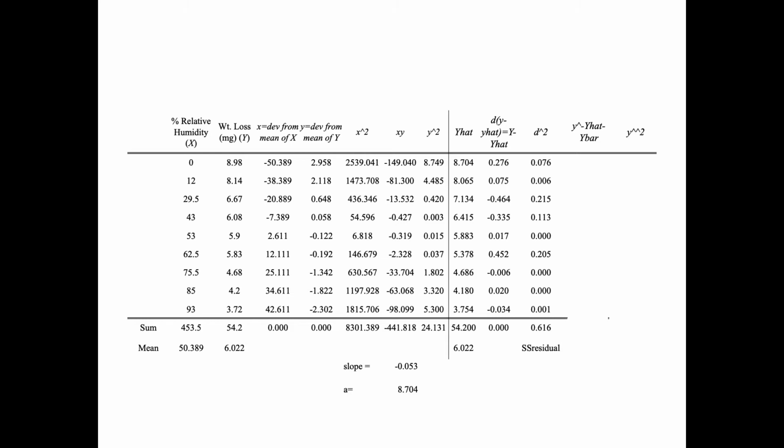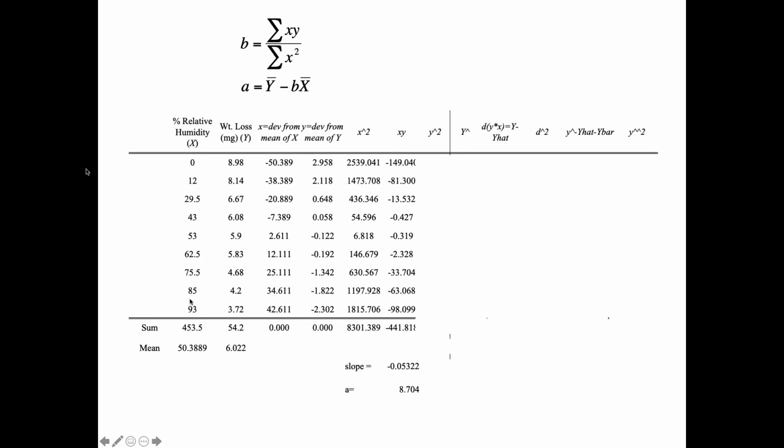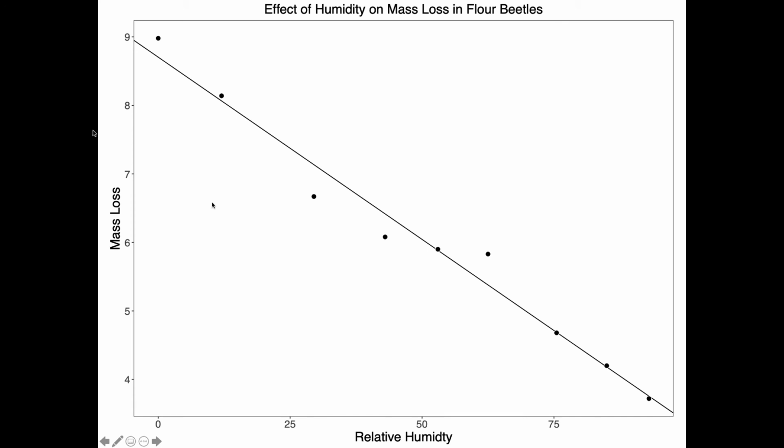And so we're basically asking ourselves, what is the deviation of the observed value from the average value as this average value varies across x? One way of thinking about this regression line is that it represents the average weight loss as relative humidity changes.